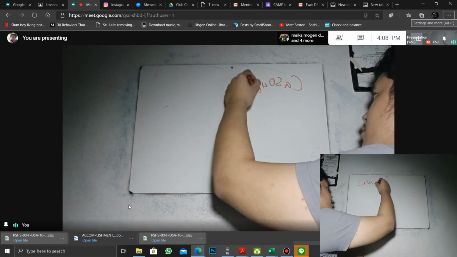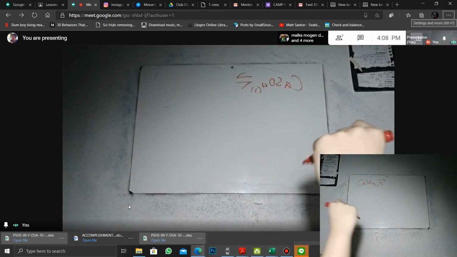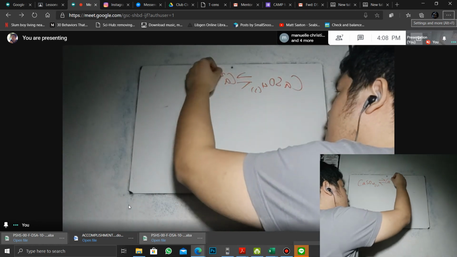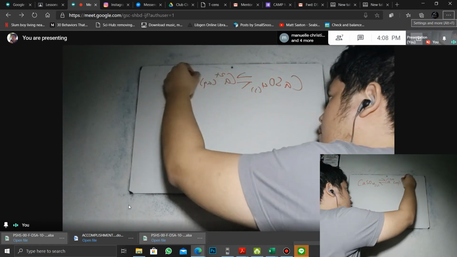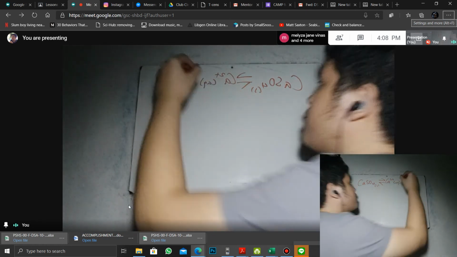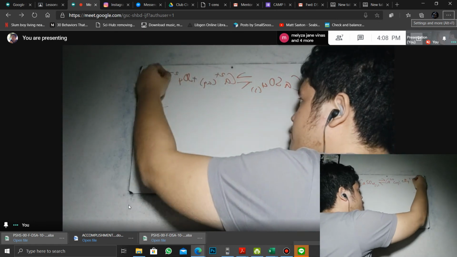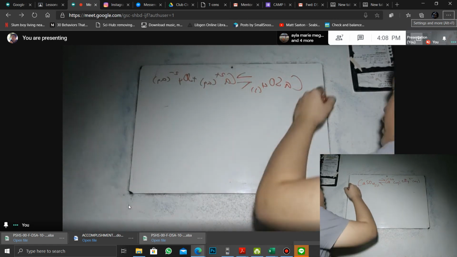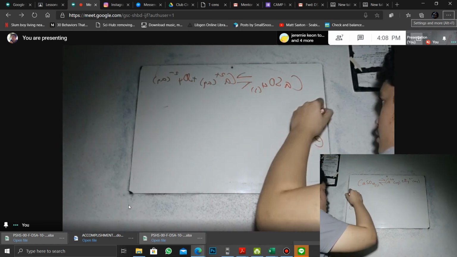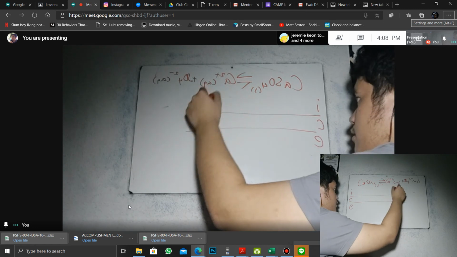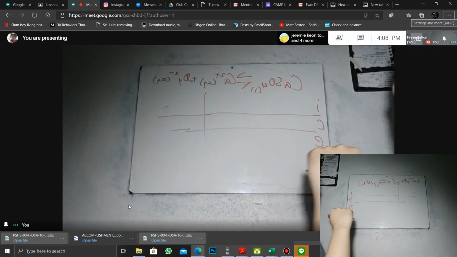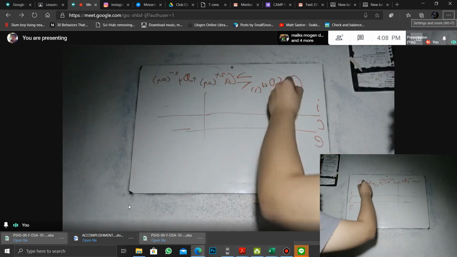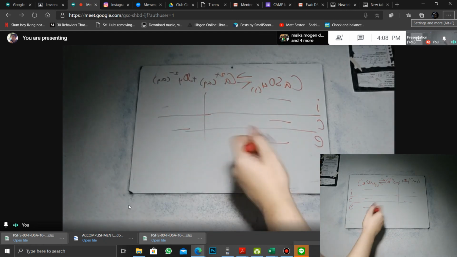Solid forms Ca2+ and SO4 2- aq. Yan. ICE. Wala to, kasi solid siya. Kaya lang, ito meron, syempre.